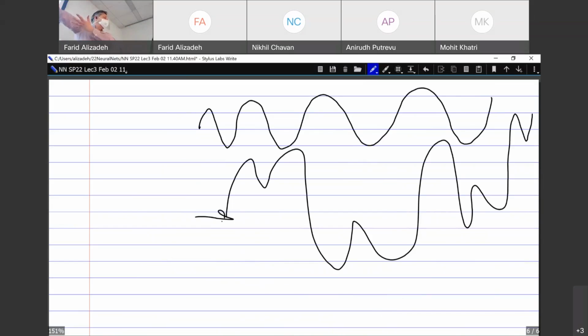Which one are we lucky to converge to? If we converge to this one, it would have been horrible. If we converge to this one, it is better. But the neural network loss functions more or less look like this. All the minimums are at the same level. Not exactly the same level, but roughly the same level. So this is one of those mysteries that is not quite well understood. It's not always true, but it's true most of the time.